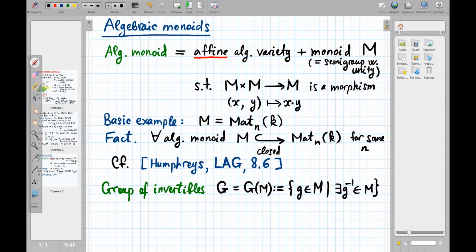In fact, if we embed an algebraic monoid M in some monoid of n by n matrices, then the group of invertibles is nothing but the intersection of M with GL_N.